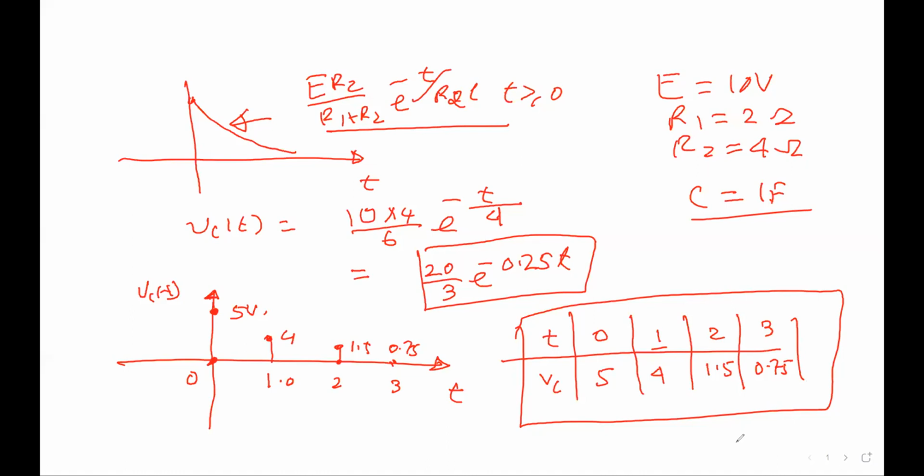Now, if your tabular form is there, then our step size is already defined. And if our equation is available with us, then we can choose our step size to find the numerical differentiation.